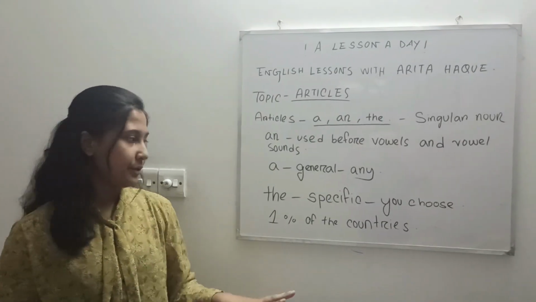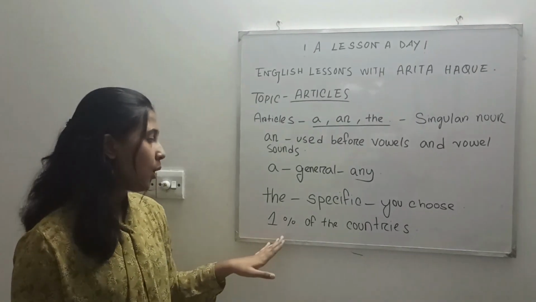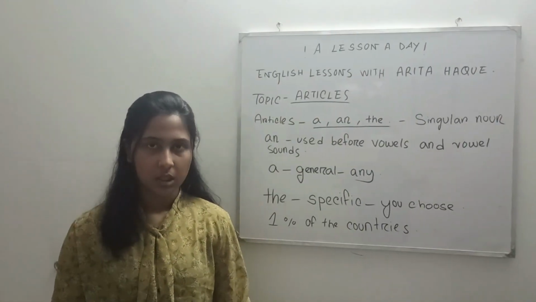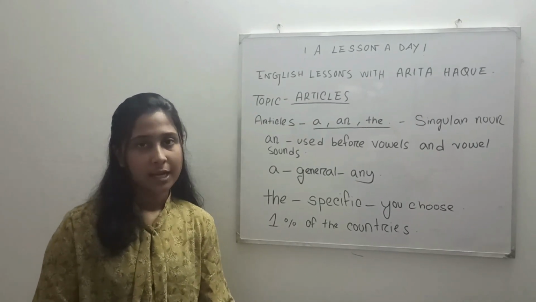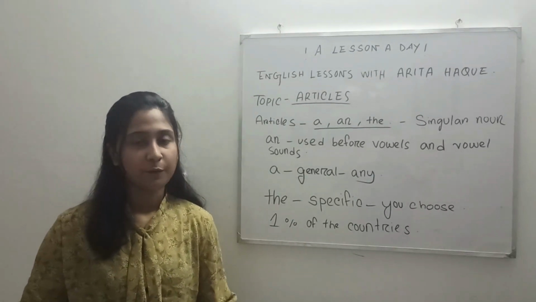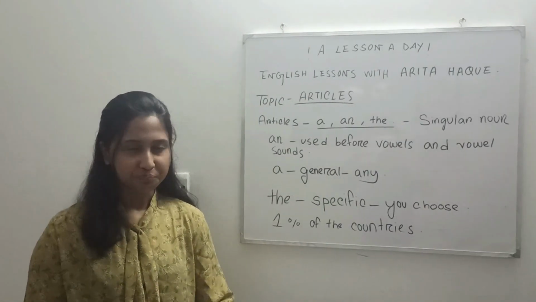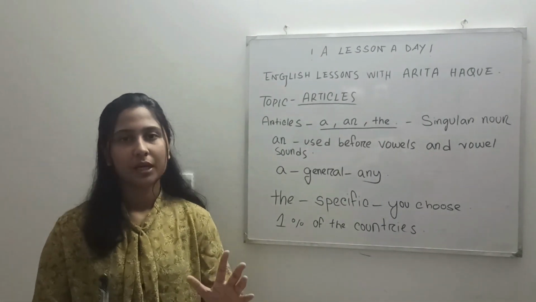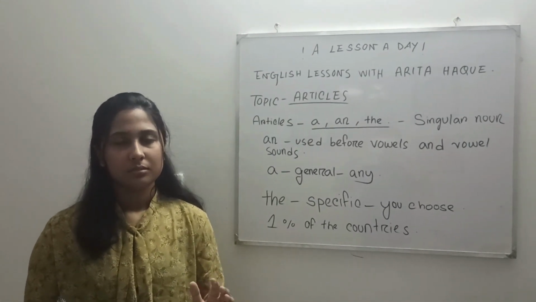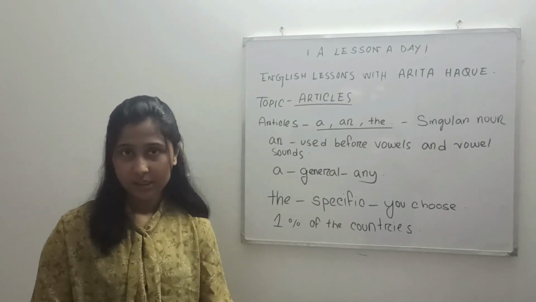Also, to add to that, we use the before the titles of 1% of the countries of the world. For example, as many of you already know, the country named the United States of America, which is a very famous country. Also, the United Kingdom. Also, another country which we commonly know as Dubai, the United Arab Emirates.